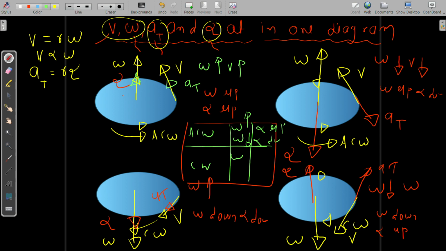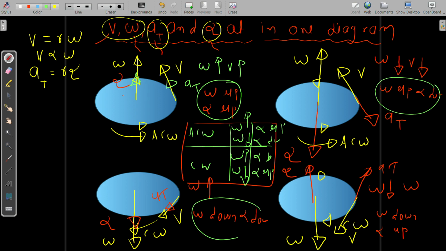In the clockwise case, omega increasing, alpha down; and omega decreasing, alpha becomes up. They are opposite. See the opposition. When both are up, there is an acceleration case. When one is up and the other down, there is a deceleration case. Both down is also an acceleration case, and down and up is the deceleration case.